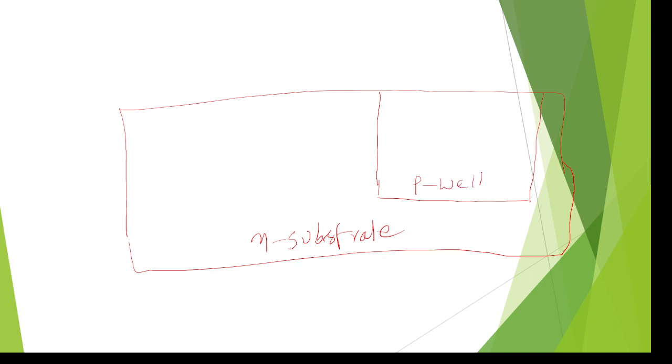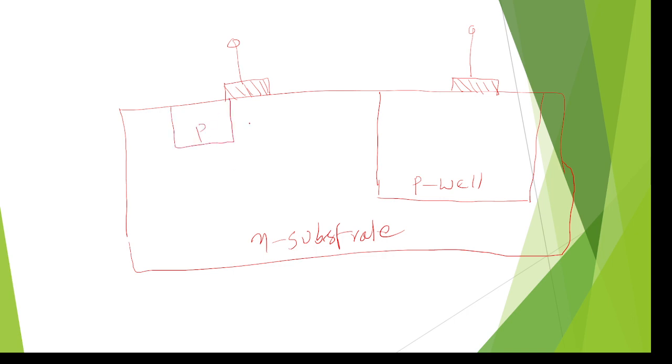This is the P-well. To design the left side and right side transistors, oxidation is common, and the remaining process is common. I will tell you in simple steps. This is polysilicon material. Deposit the gate terminals to design the transistors.